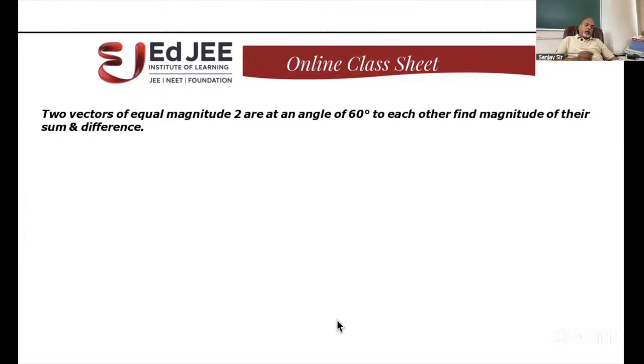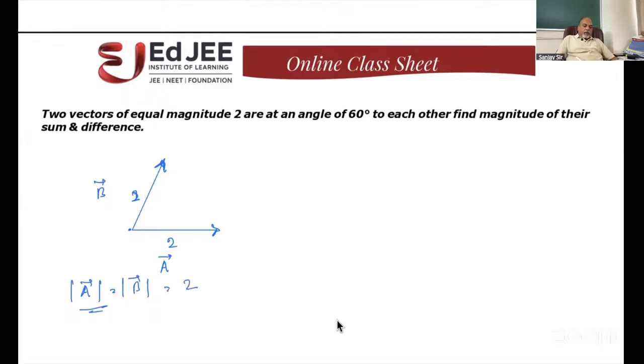So we have two vectors, this is 2 and 2. Suppose this is your A and this is your B, then magnitude of A is equal to magnitude of B.